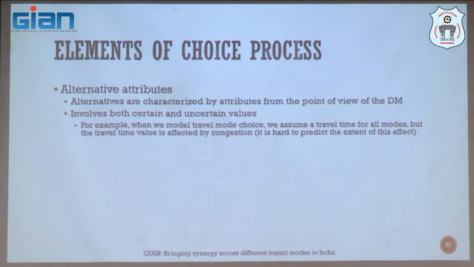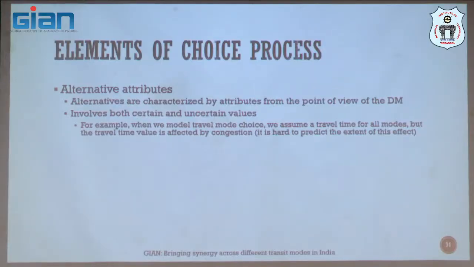For example, if you're doing a route choice, going from A to B, there are two or three routes. Now with Google Maps, you have more information on travel time for all the routes. Before Google Maps, in 2004 and 2005 when we were driving, we had to take these large atlas maps to drive anywhere, and we did not know the travel time.